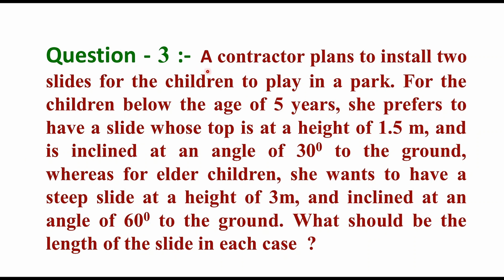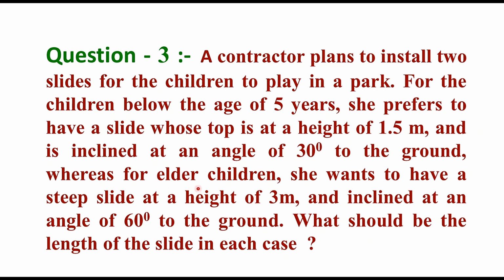Question number 3 is, a contractor plans to install 2 slides for the children to play in a park. For the children below the age of 5 years, C prefers to have a slide whose top is at a height of 1.5 meter and is inclined at an angle of 30 degree to the ground.